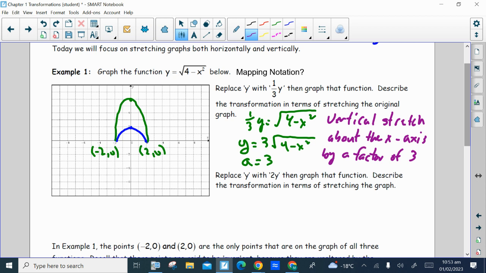Because it was vertically stretched, the distance from each point away from the x-axis was multiplied by 3. So that's why we say it was vertically stretched about the x-axis. And the mapping notation would look like that. We multiplied all the y values by 3. So x comma y maps into x comma 3y.